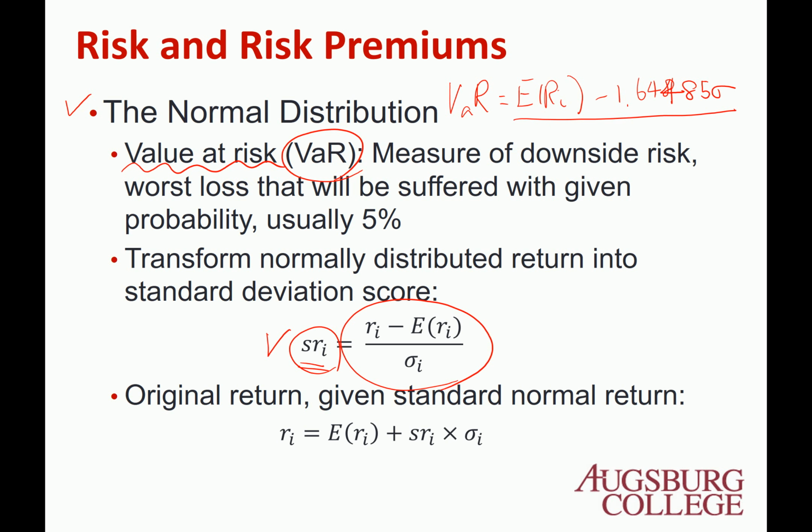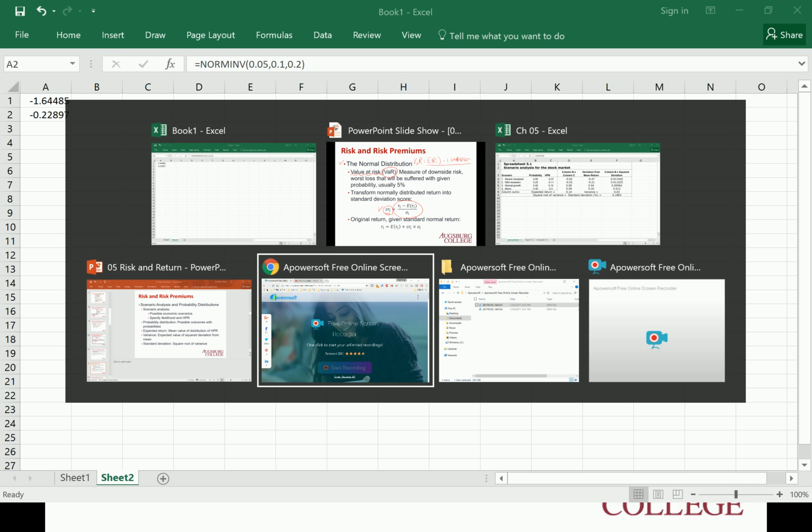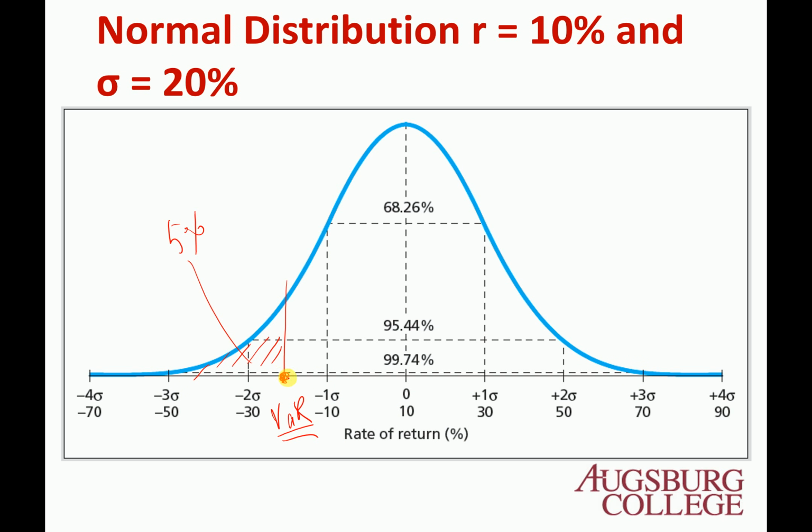You can also directly calculate using NORM.INV. The first argument is the probability, so 5%, then the expected return 10% and standard deviation 20%, right? And negative 22.9% will be the worst case, like a 5% probability. So if you have 10% and 20%, then about negative 22.9%.